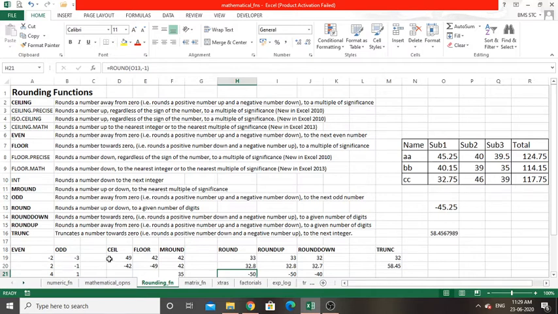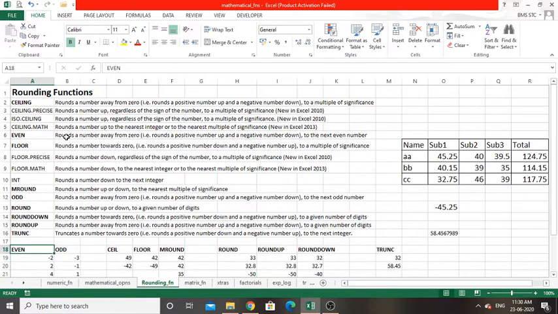And here we will discuss a few rounding functions: even, odd, ceil, floor, mround, round, roundup, rounddown and trunc. These are the most commonly used rounding functions that we will use frequently. Okay, let's look at the even function first.